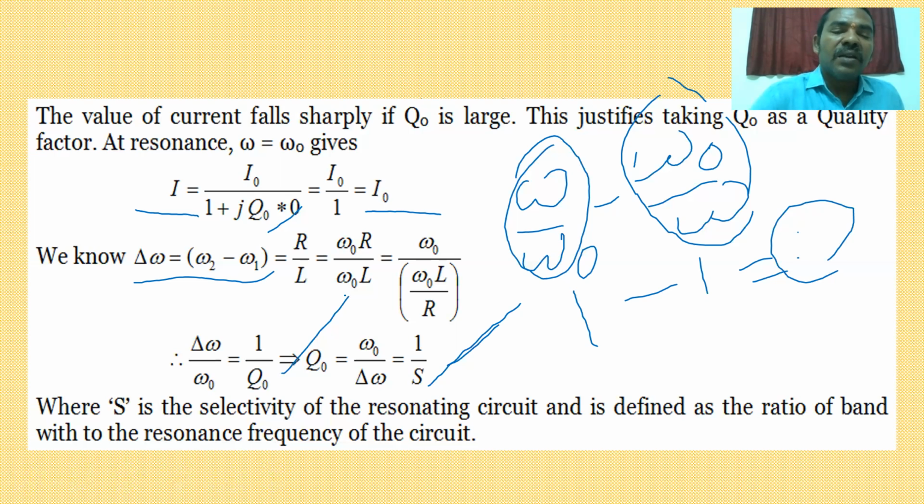That's why the selectivity and the quality factor must be chosen with good quality only. Okay, so this is the relationship between bandwidth, resonating frequency, quality factor, and selectivity.